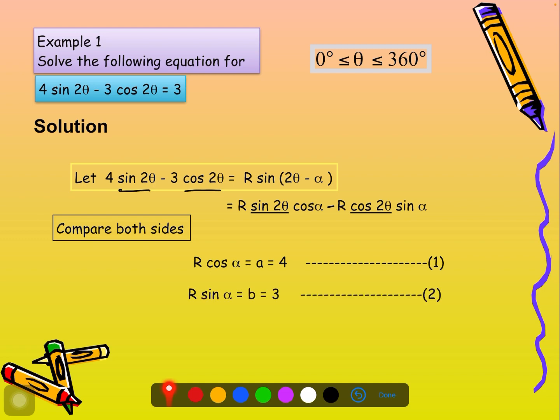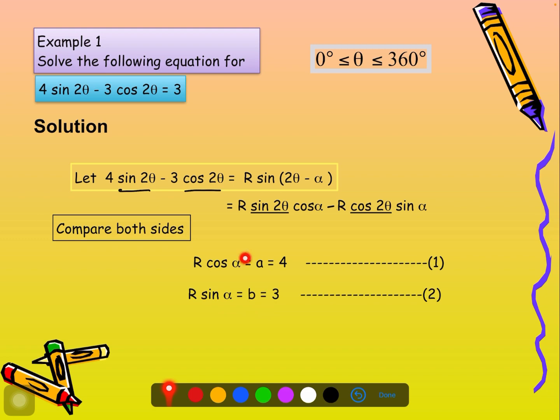Equation number 1. Equation number 2: r sin alpha, the coefficient of cos 2 theta on the right hand side, equals the coefficient of cos 2 theta, which is 3. So r sin alpha equals 3, equation number 2.